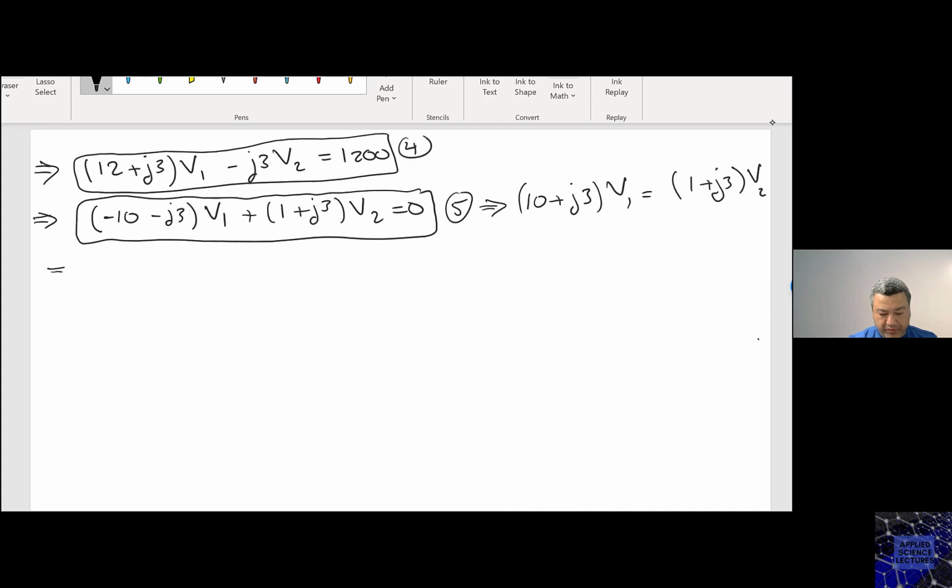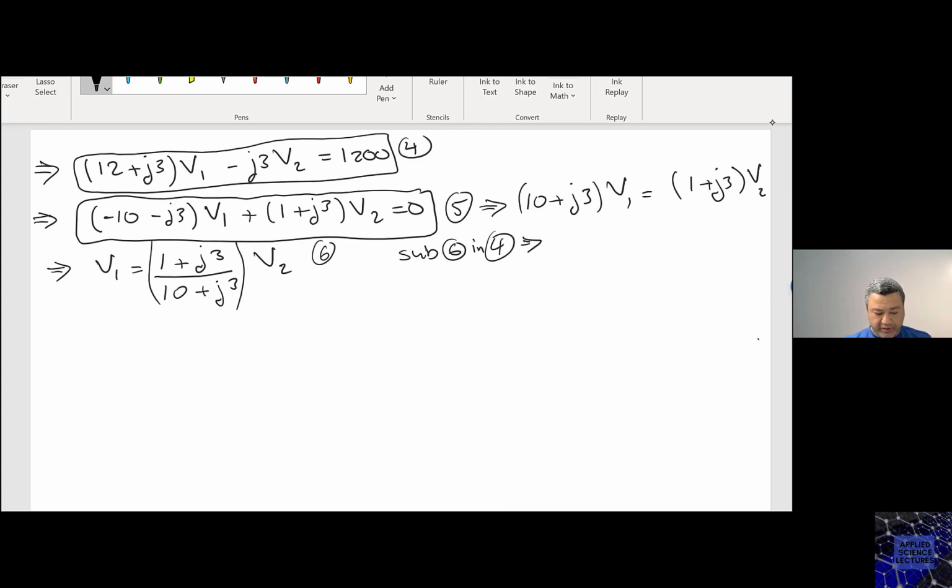Then V1 equals (1 plus J3) divided by (10 plus J3) times V2. So this is from 5. Now let me call this one 6, and I substitute 6 into 4.